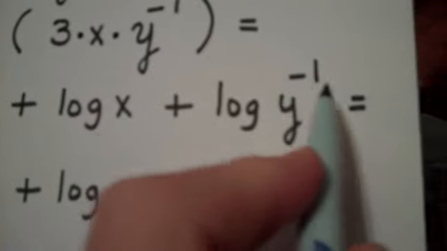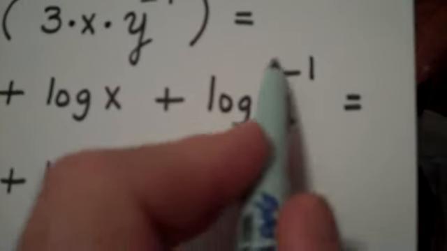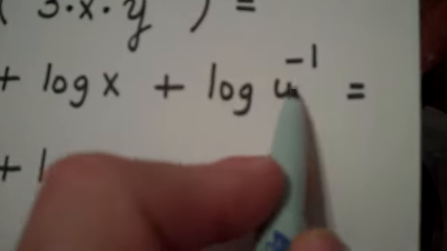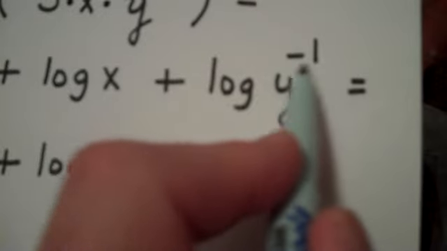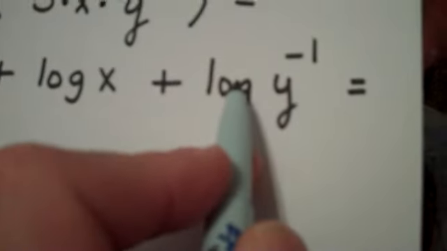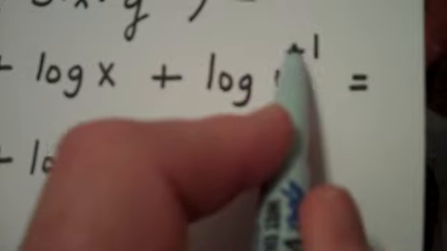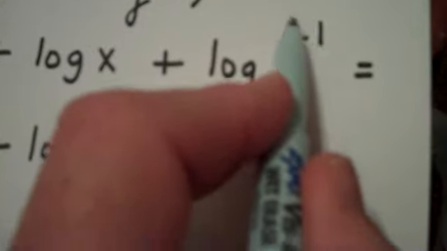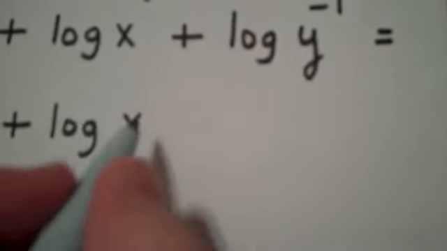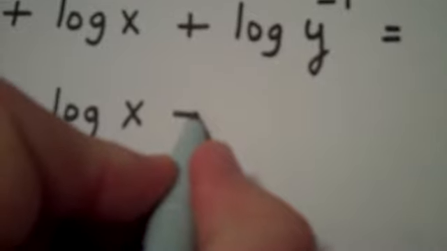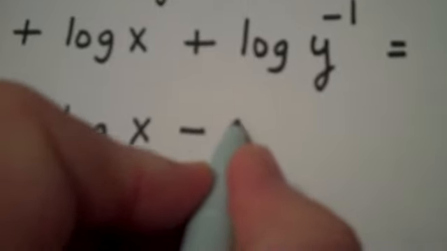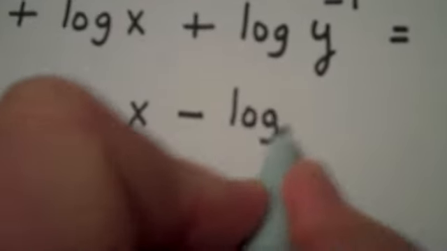But what we can do at the end is notice that this is the log of y to the negative first power. We can apply the power rule, which basically says this negative 1 comes down in front. So we would end up with a negative, which represents the negative 1, log of y.